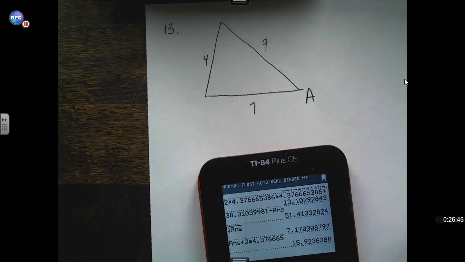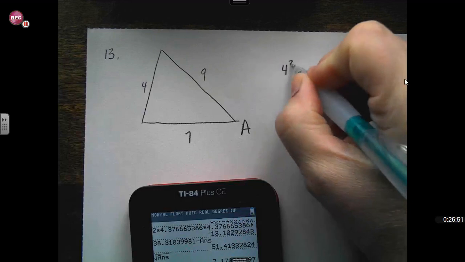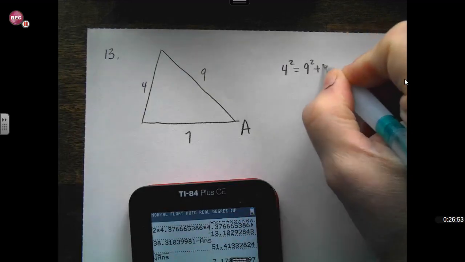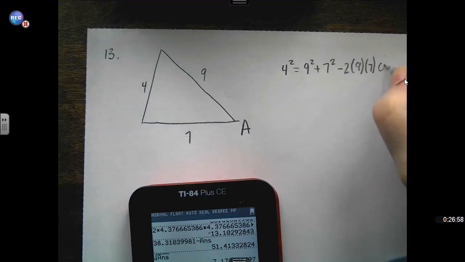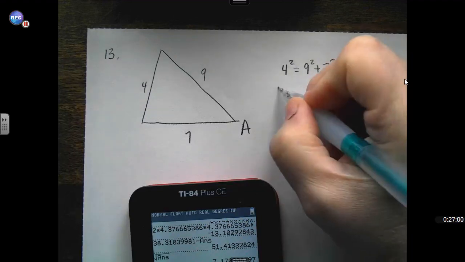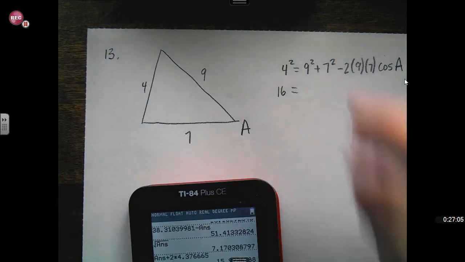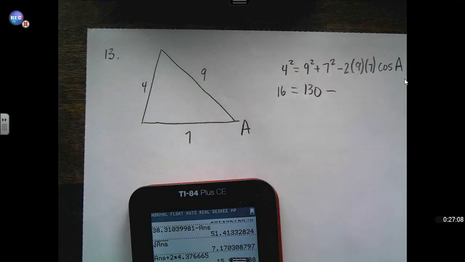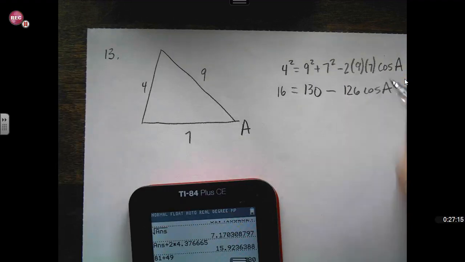So I'm going to take 4 squared equals 9 squared plus 7 squared minus 2 times 9 times 7 cosine A. 16 equals 130 minus 126 cosine A. So I'll take 16 minus 130.